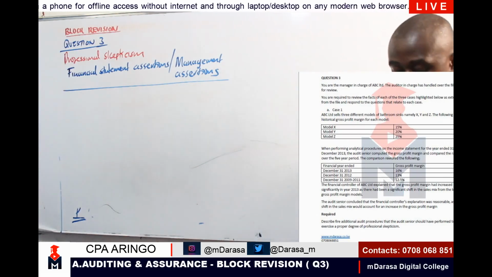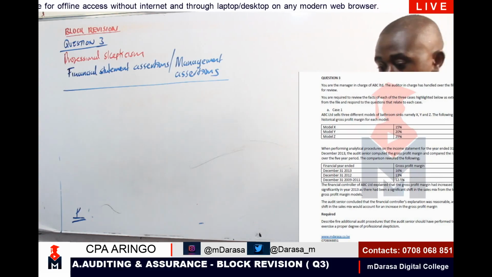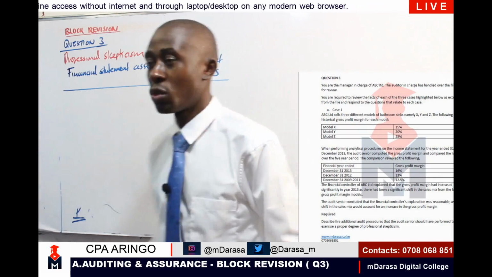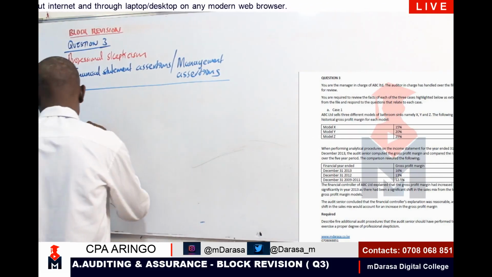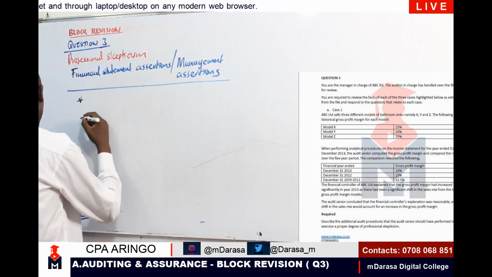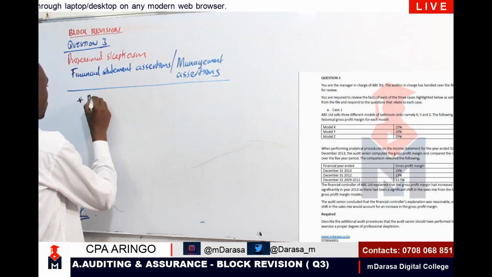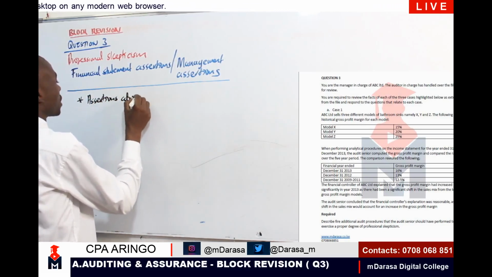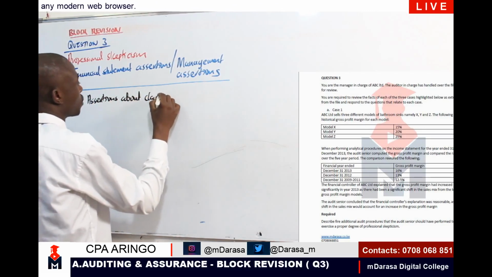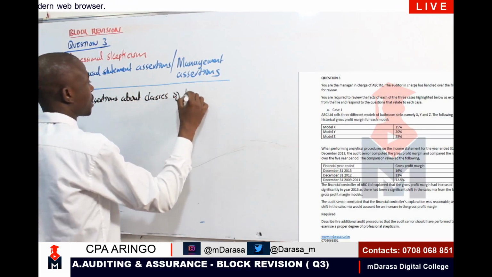You'll find that these assertions are always classified into three categories. First, we normally look at assertions about classes of transactions.